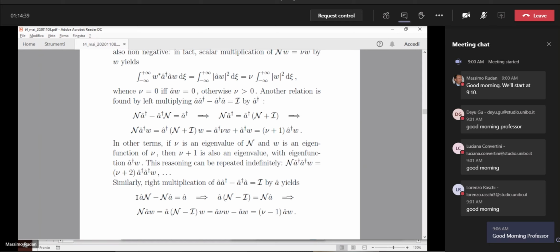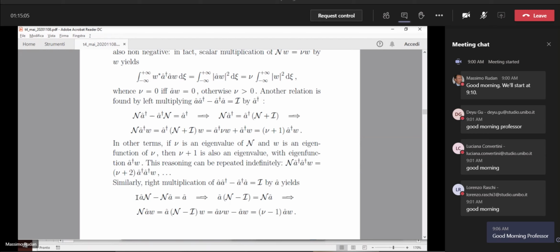But also the procedure by which we go backwards in the ladder is legitimate. So the first calculation shows that Ni cannot be negative, and the second calculation seems to show that Ni can be negative. So we are now in a contradiction. How do we get out of the contradiction?